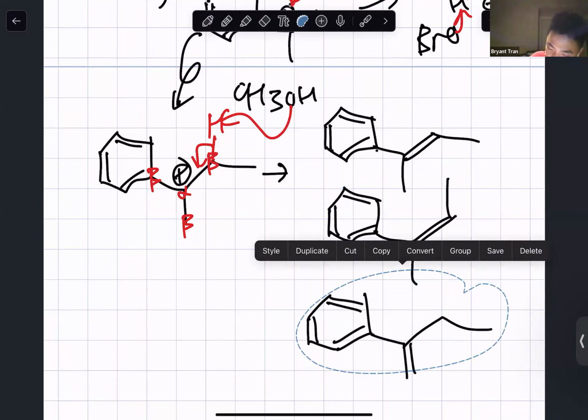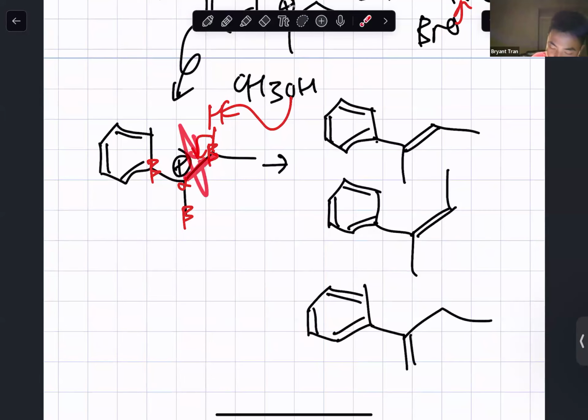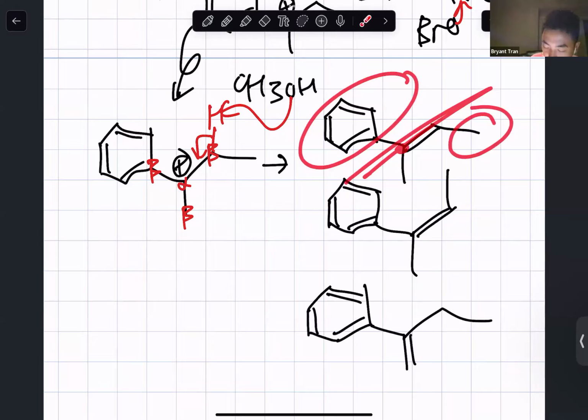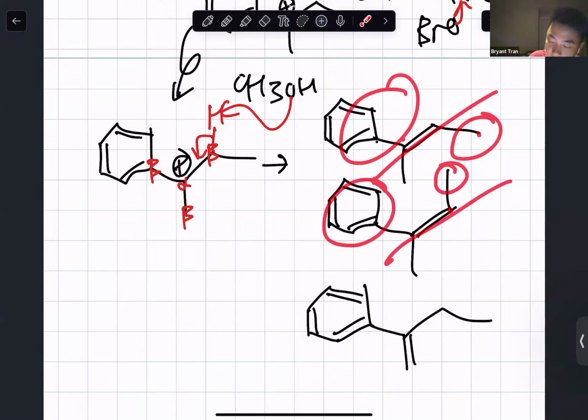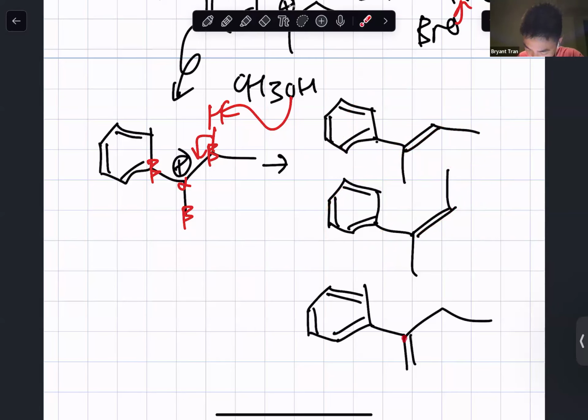And you could get that by rotating the single bond before doing the acid-base reaction. This is an E alkene because the highest priority group on this carbon here is opposite to the highest priority group on this carbon here. And Z is when the two groups are on the same side. And this right here is a geminal alkene. Okay.